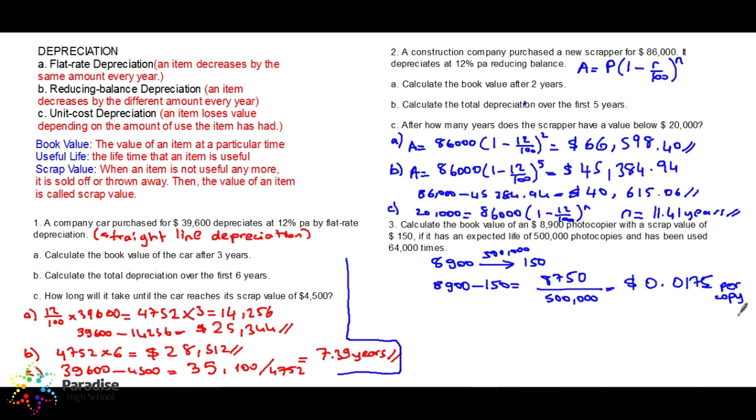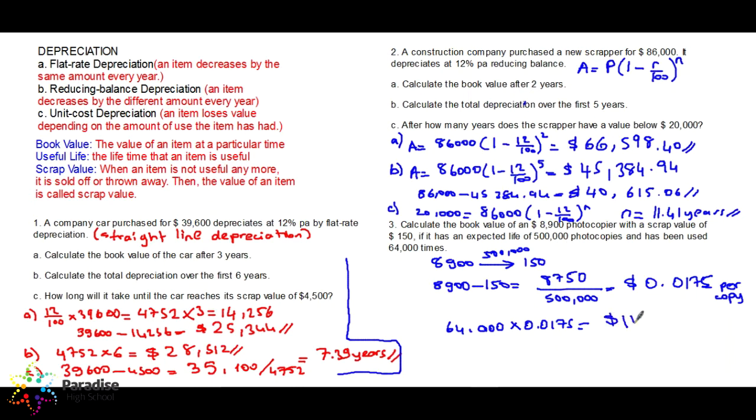It will depreciate, the value of the copier will depreciate $0.0175 per copy. Now the question is, calculate the book value if you copy 64,000 times. One time you copy, you lose this much, 64,000 times. Then I will multiply the value. 64,000 times 0.0175 is $1,120.